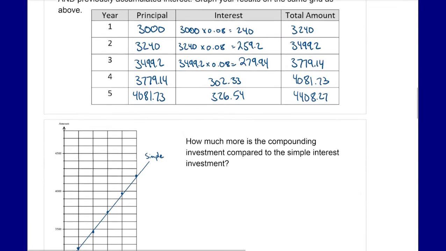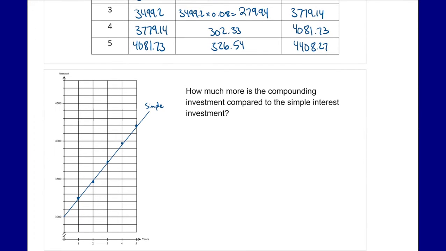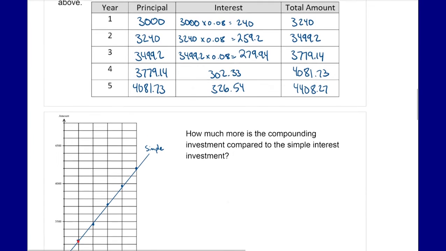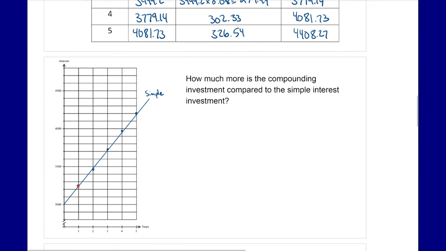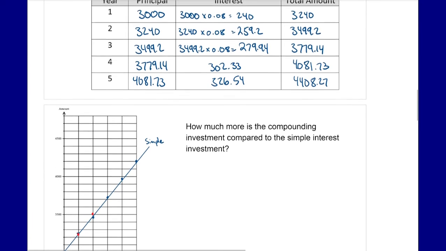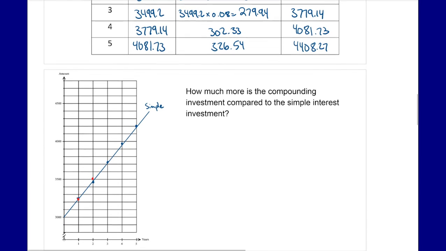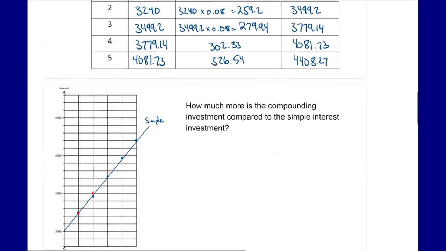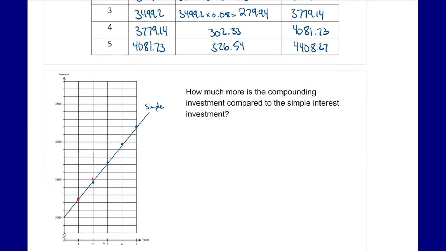Let's look at the next one, 3,240. So 3,240, we're at the same amount. Basically, we say 3,500. Very close. 3,779. So 500 or 3,779. So up there. 4,081.